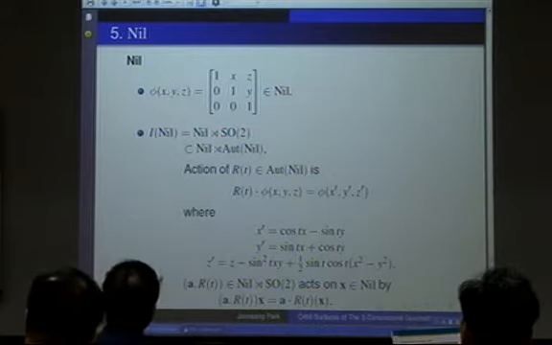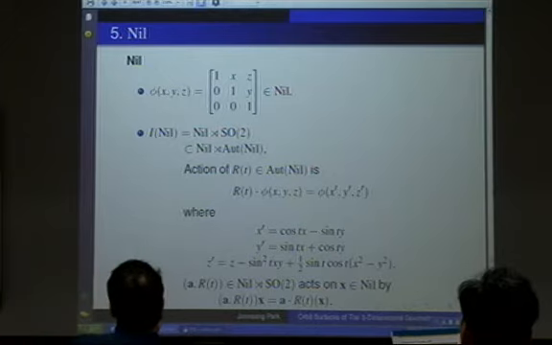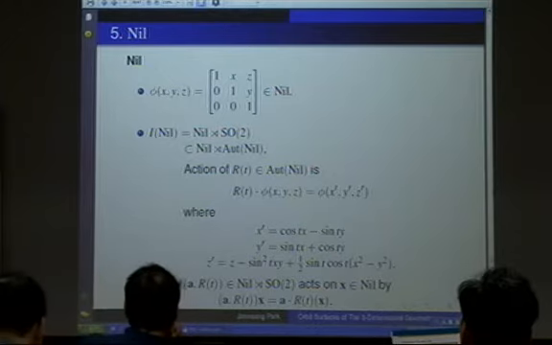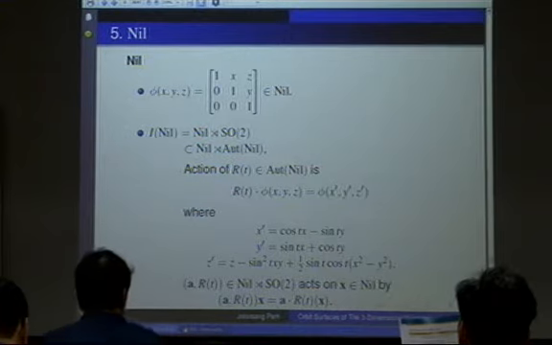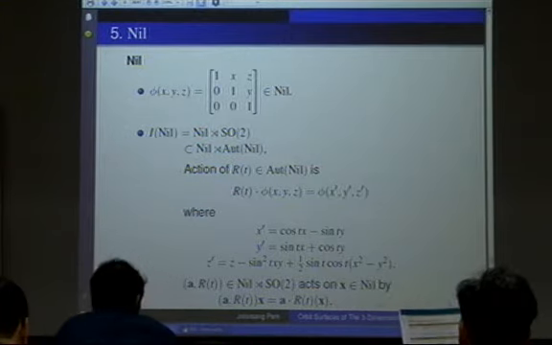So the isometry group of Nil is the semi-direct product of Nil and SO2, where SO2 can be regarded as automorphisms of Nil. So how does an element of SO2 act on Nil? The action of the SO2 element R_t on an element of Nil is as follows.